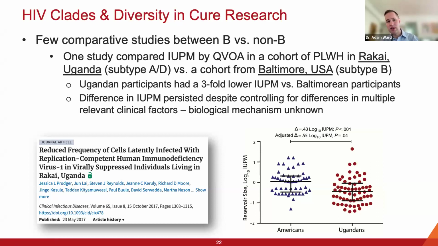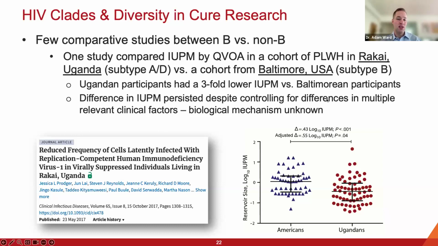Very interestingly, in this study, they found that Ugandan participants had a 3-fold lower replication-competent reservoir size by QVOA versus the Baltimorean participants. And they found that this difference in the replication-competent reservoir size persisted despite controlling for differences in multiple relevant clinical factors.